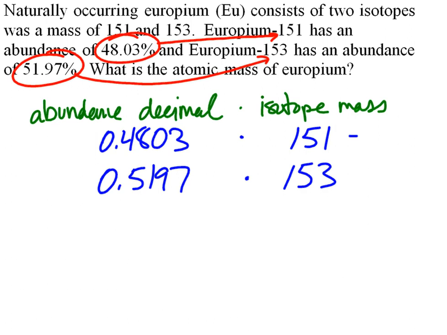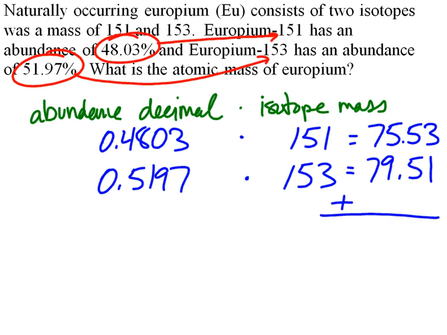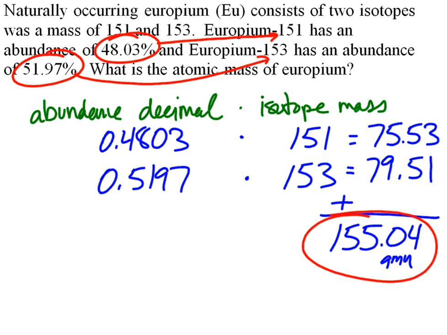The products are 75.53 and 79.51. I then add those two products together to get 155.04, the unit being AMUs. This is our average atomic mass of europium: 155.04.